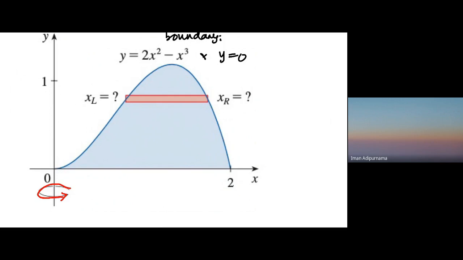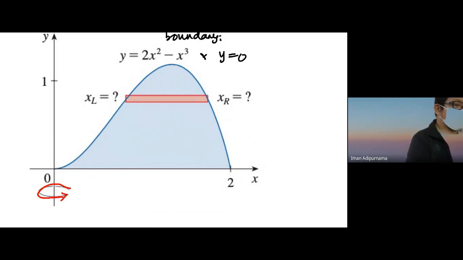Usually, if this is between two curves, we can determine it: the first curve minus the second curve. But this is from one curve, so we need to decide which one is our right and our left. If we take this approach with this rectangle, it is not a good approach for this kind of case. We need to change our perspective here.